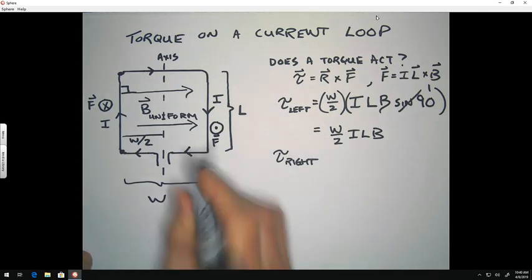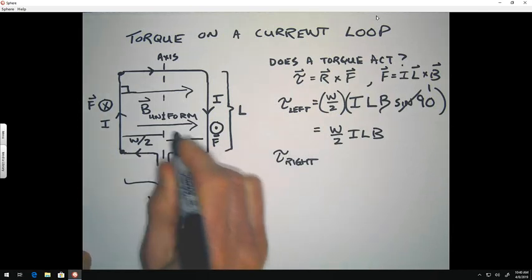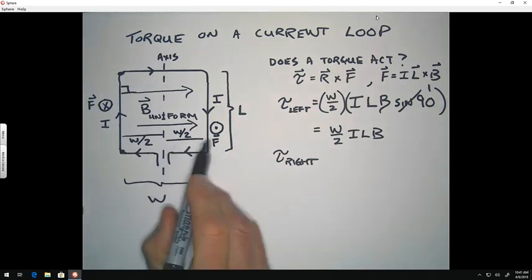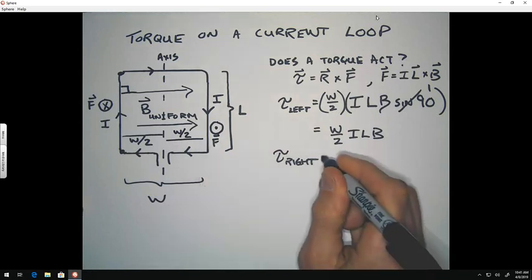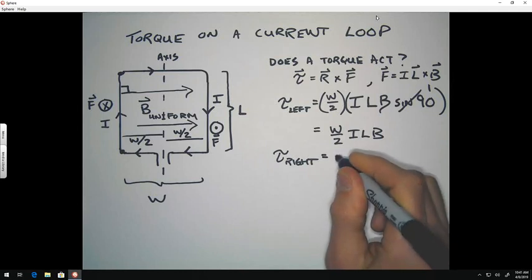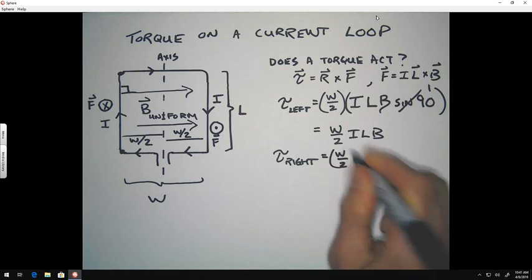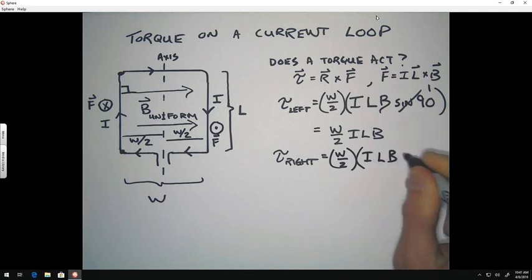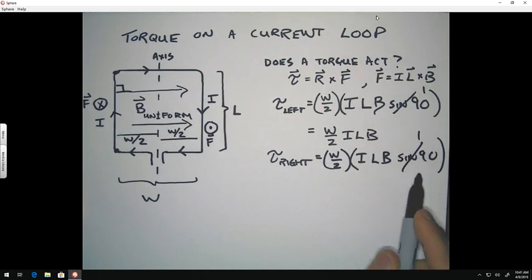Okay? And of course, that's also acting on a segment W over 2. So we do have a torque coming from that side. Let's write that down. So we have W over 2, and again, times I, times L, times B, times the sine of 90. And for the same reasons as before, the sine of 90 is 1.